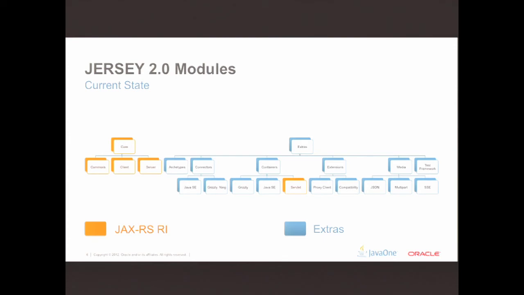And this is just the runtime; I'm not even showing additional extra things like all the tests, all the examples that we are providing, the documentation and stuff like that. So as you can see, there's a lot more in Jersey than just the JAX-RS API. So if you want to leverage the additional features that are provided by Jersey, obviously you can.